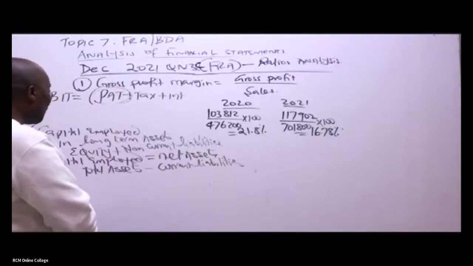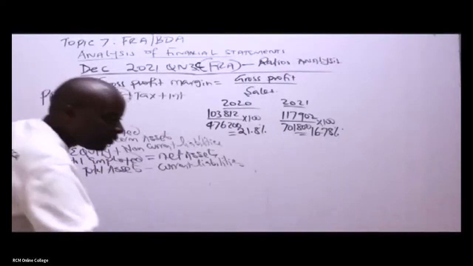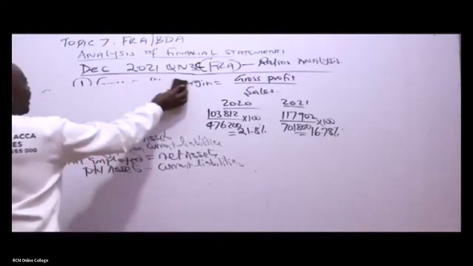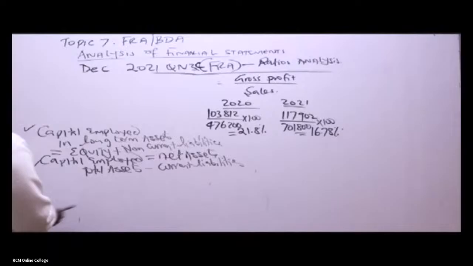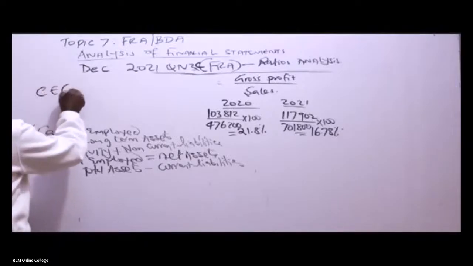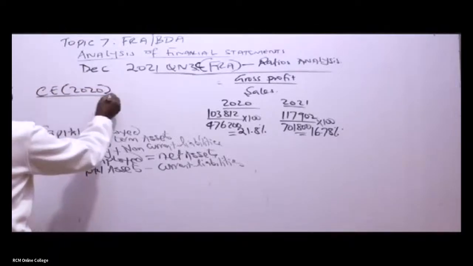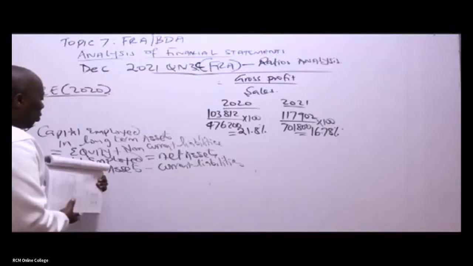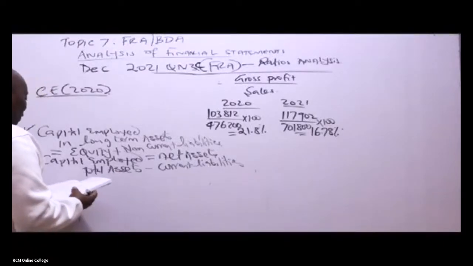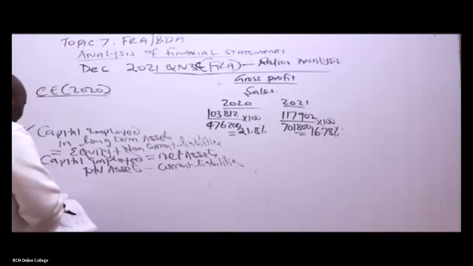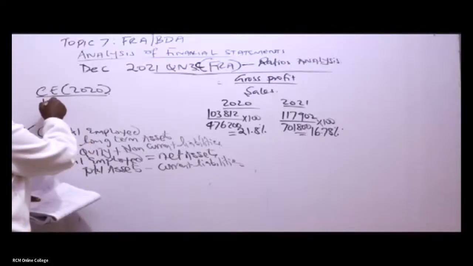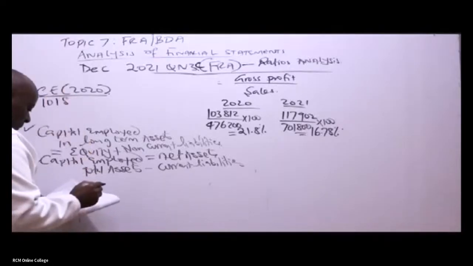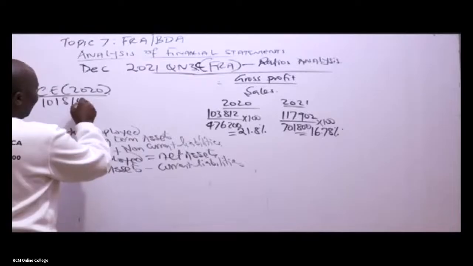And for the year 2020, if I come here, I have to make work easier for you. Are you able to give me CE, capital employed, for the year 2020? How do we get our total assets? It's very easy. First of all, non-current assets, they are 1,018,140.